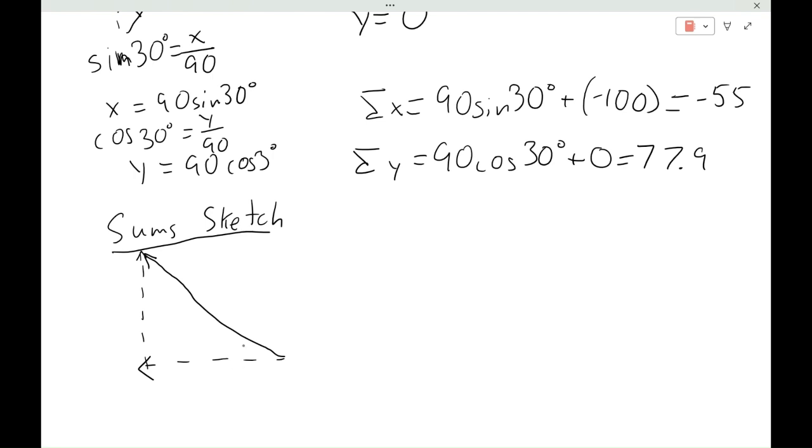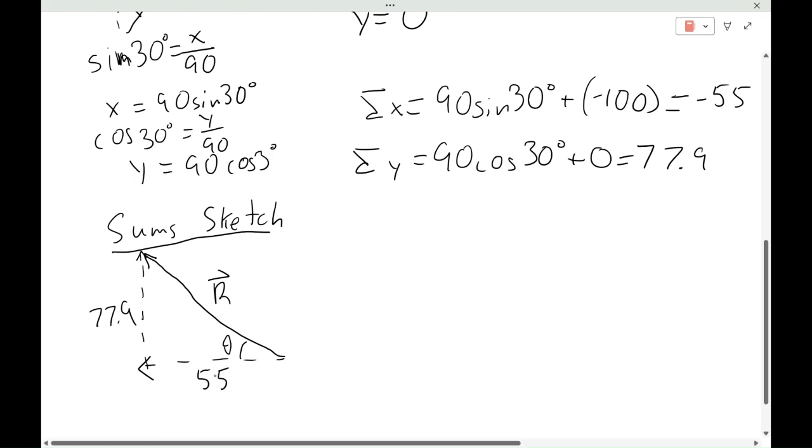Okay, and we do not know theta, which we're going to find for the direction. And we do not know r, which is the resultant vector, and we know this is 77.9, and we know this is 55. Remember to not put the negatives on here because the arrow already shows the direction.